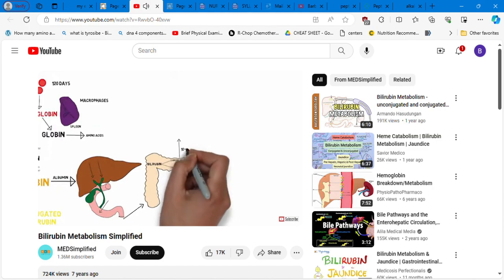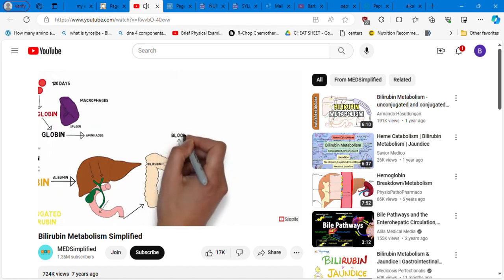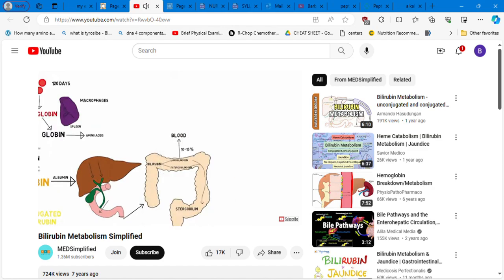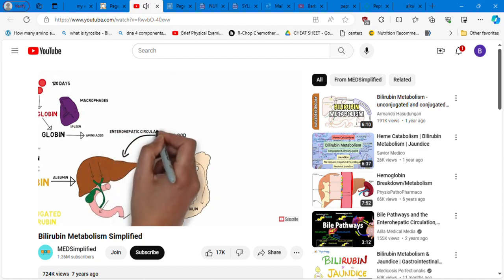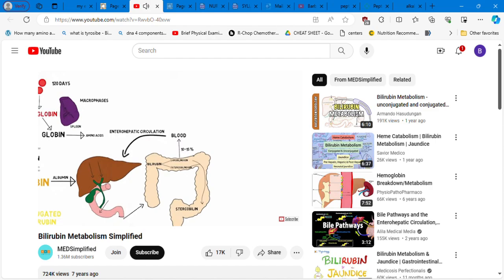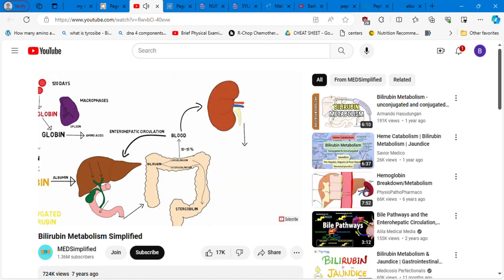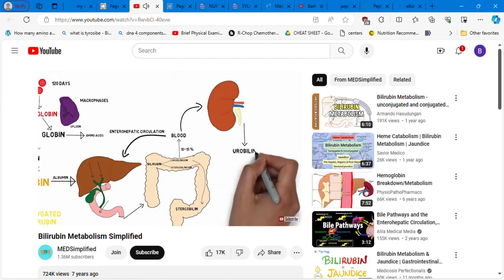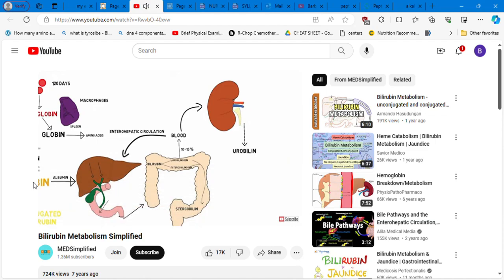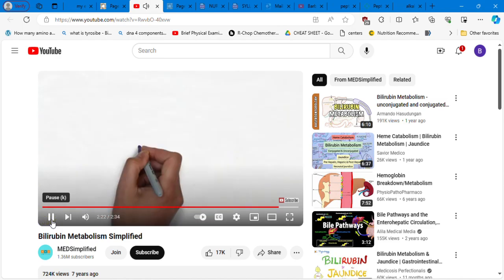But 10 to 15% of these compounds are reabsorbed into the blood, and some part of that reaches the liver, and this is known as the enterohepatic circulation. A few percentage of the reabsorbed compounds reach the kidney, and they are excreted in the urine in the form of urobilin. So this was a brief overview of the bilirubin metabolism.